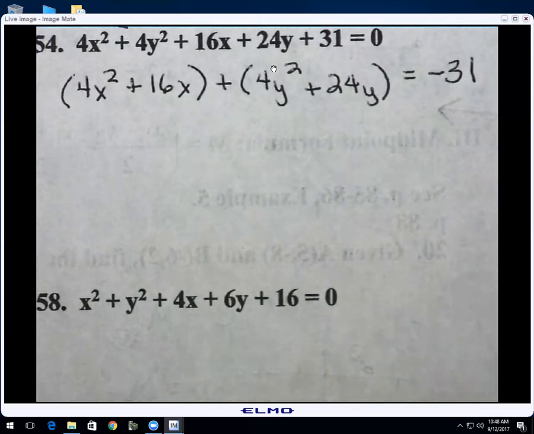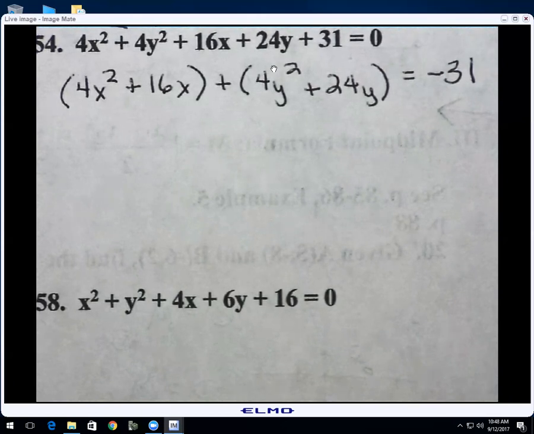But in order to complete the square, I have to have a 1x squared and a 1y squared. How could I make that happen? You could factor out a 4 from both groups.